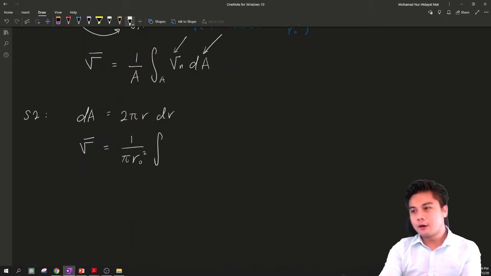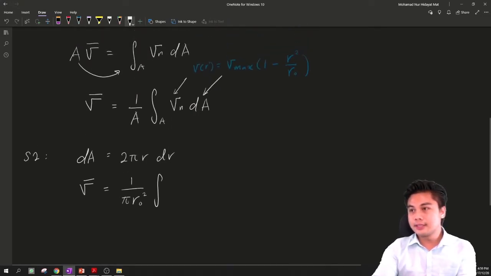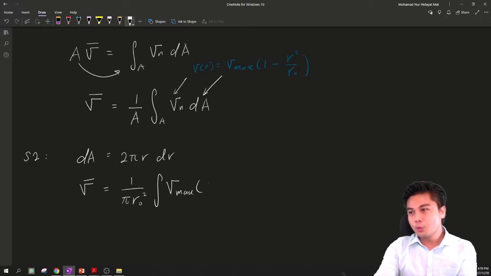Integral of the velocity at radius r. Velocity changes as a function of radius. We replace this term with V max times 1 minus r squared over R naught squared. R naught is basically constant.